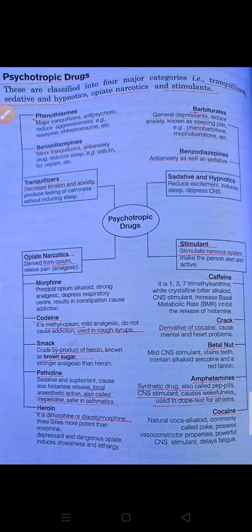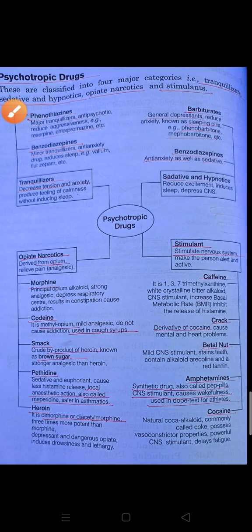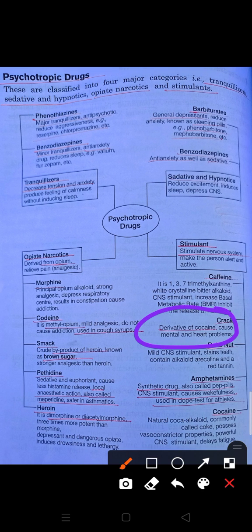Next is crack, another kind of drug. It is a derivative of cocaine, solid, and called teeth or french fries. It also looks that way. It is highly potent, smokable cocaine.